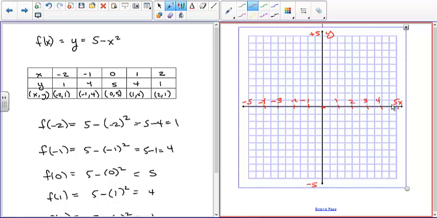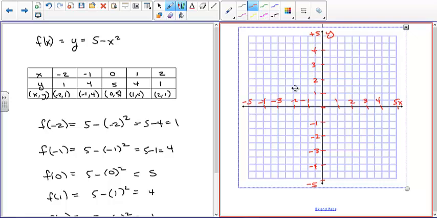These are the axis labels, and then you can do the same thing in the y direction. So we're going to start at -5. Here's 0, and there's 1, 2, 3, 4.